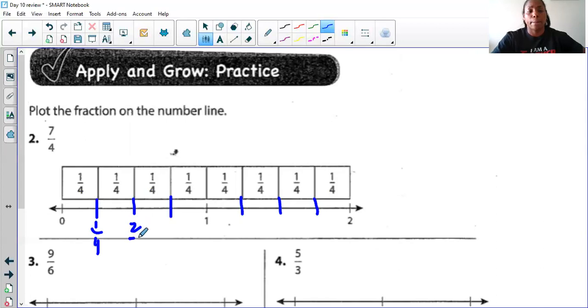2/4, 3/4. That's a 3. Sorry, guys. 4/4. 5/4. Six fourths.